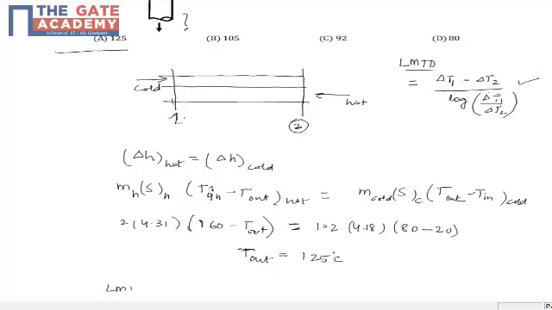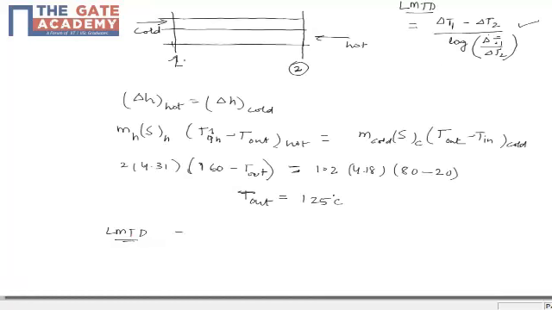So LMTD is delta T1 at the start. So delta T1 here: the cold water inlet is 20 and outlet is 80, whereas the hot water outlet is what we got as 125, and the hot water inlet is 160.